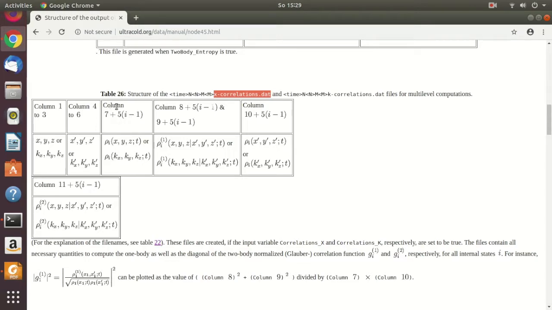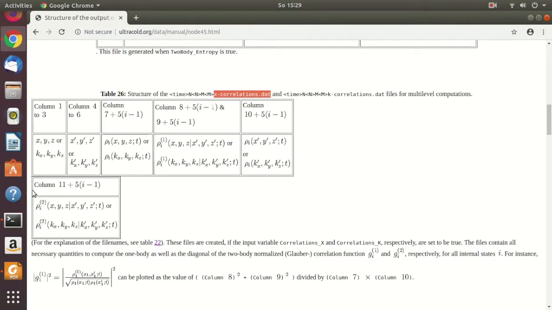In column 7 and also column 10, we have the density distributions at position x and at position x prime. Columns 8 and 9 are the real and imaginary parts of the reduced one-body density matrix.